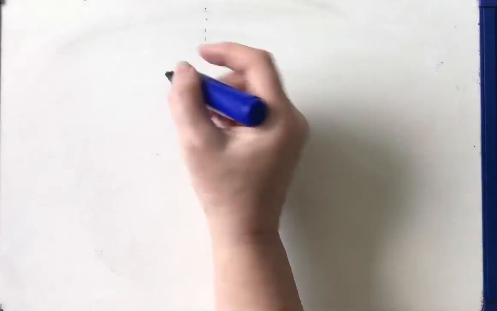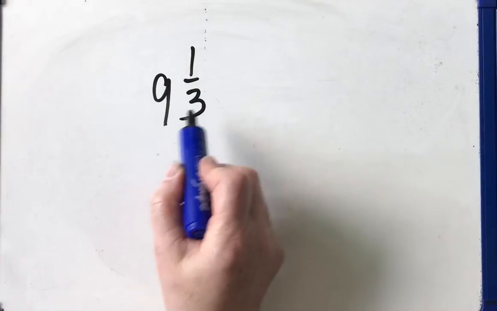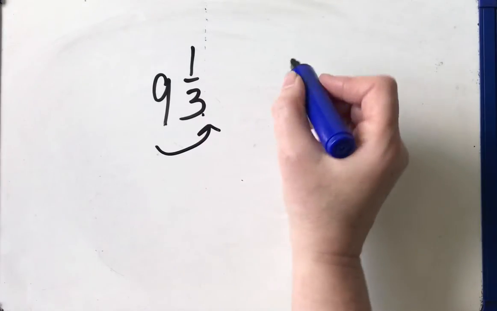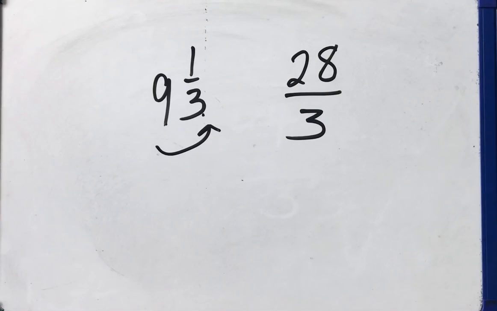One more. 9 1/3. 9 times 3 is 27. 27 plus 1 is 28/3. So really, changing a mixed number into an improper fraction is just a little bit of times tables and some adding.